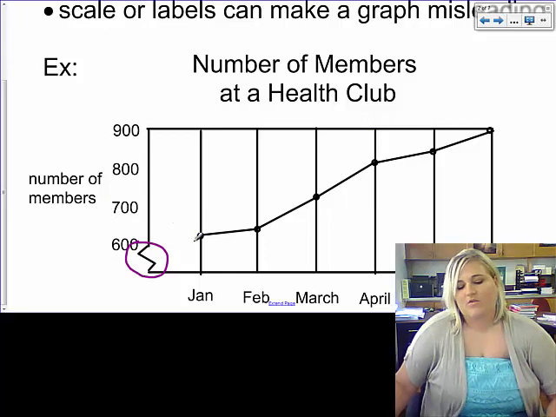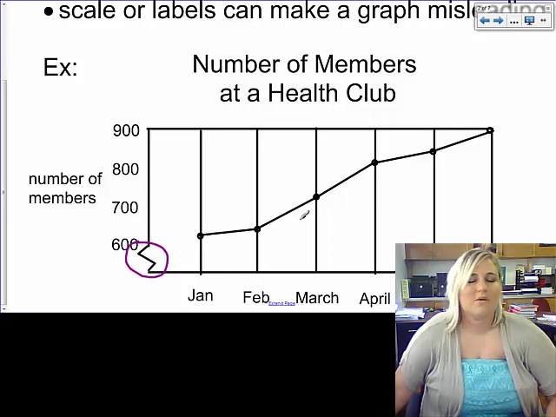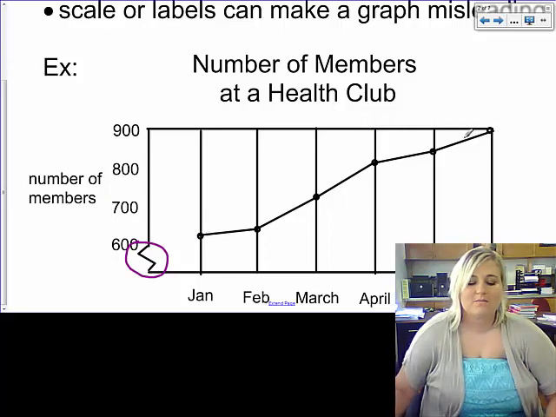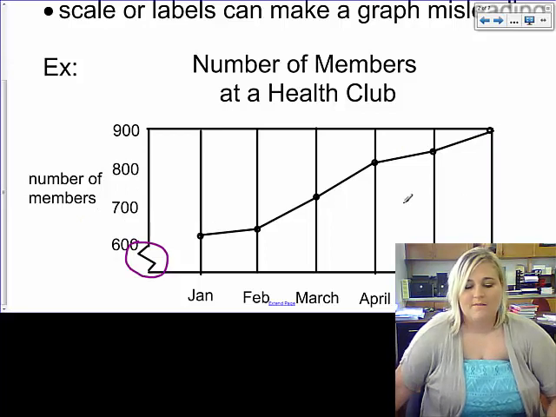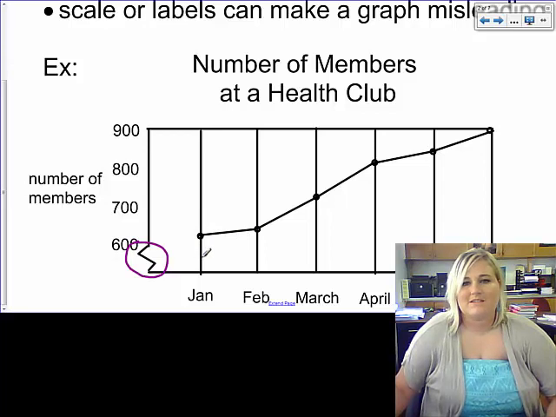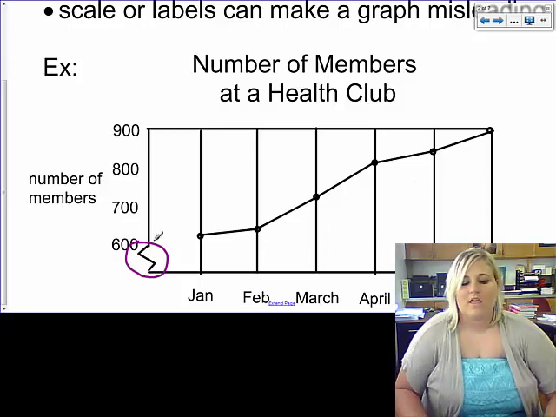So it looks like it's going from almost 0 to 900, when that's not the case. It's actually going from 600 to 900, where if we had used smaller increments, we would be able to see that it looks more flat than this huge increase. So it's because of this broken scale right here that this would be misleading.